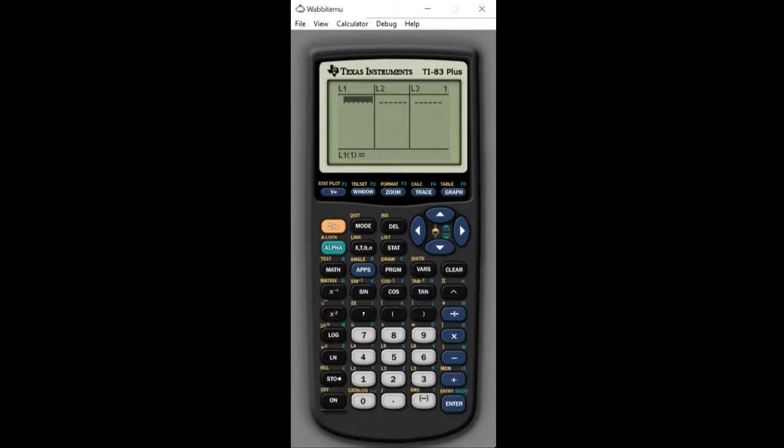Okay. So now I'm going to use the numbers that we had in our particular problem.